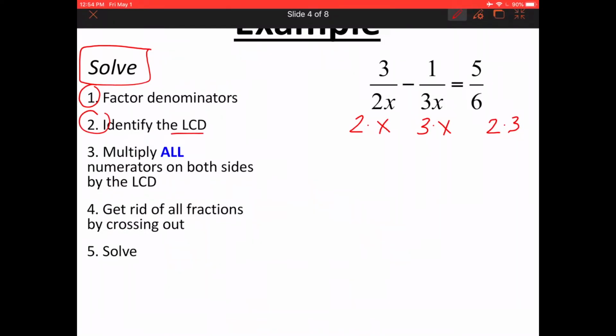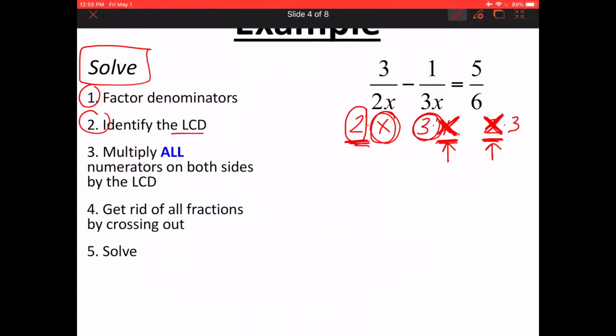Remember for step 2, to identify the LCD, I look at my denominators and I take one of every factor. So I'm going to take this 2, and notice since it has a partner over here, I do not need to take the partner. Okay, I can cross out the partner. I take this x over here. Since there's a partner over here, I can cross out this x as well. Okay, remember, we're only taking one of each factor.